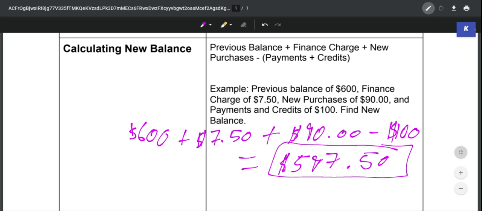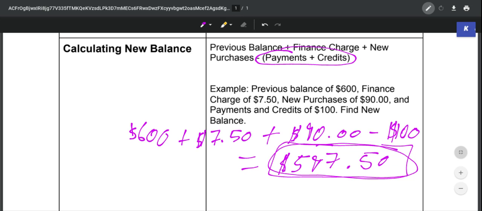And this is different from the checking account balance. The checking account balance is what you have. This credit card balance is what you're paying back. The payments and credits that we're subtracting, that's actually what you're paying. So if this were your credit card balance, you still have to pay back $597.50. This is almost looking at it the opposite way that we looked at balance from a checking account.